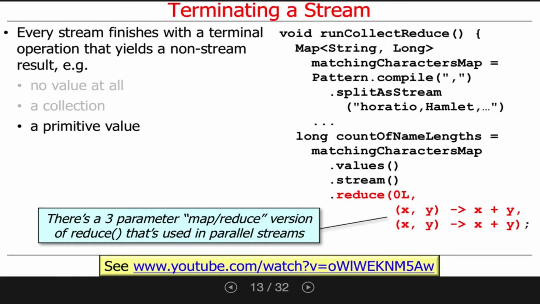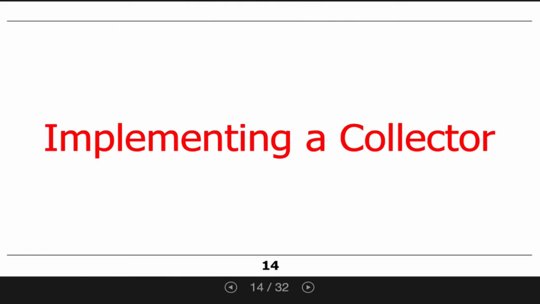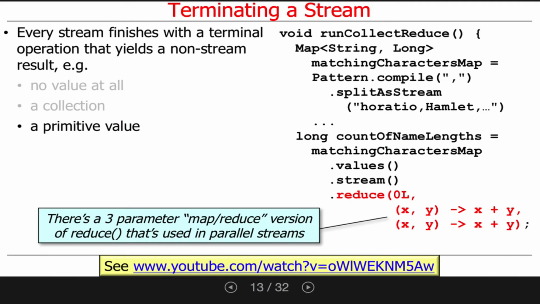That's the operation done within a chunk. Then this other operation maps all the chunks back together to get a final result, to do the reduce, to do the combine. They turn out to be the same thing in this case, but in general they don't have to be. All right, so that's a quick summary of what you can do to terminate streams and a couple of different kinds of things you can do.